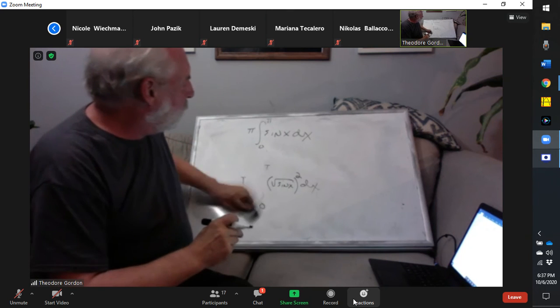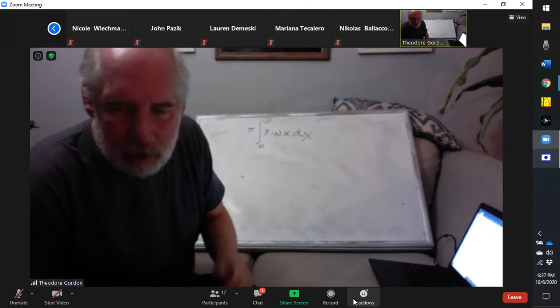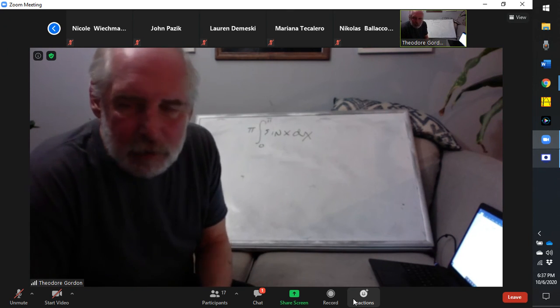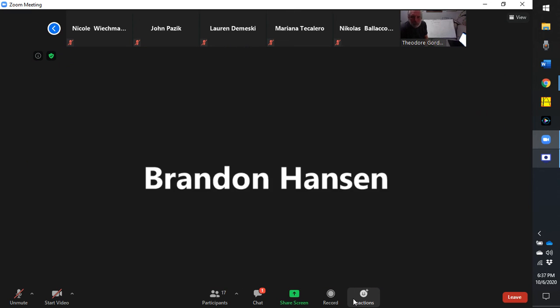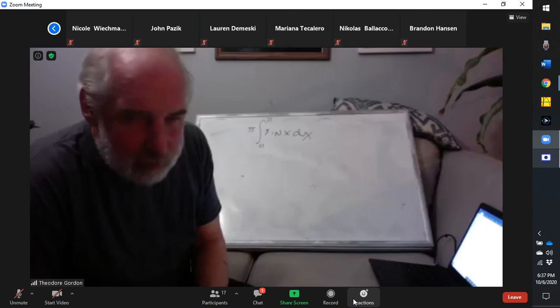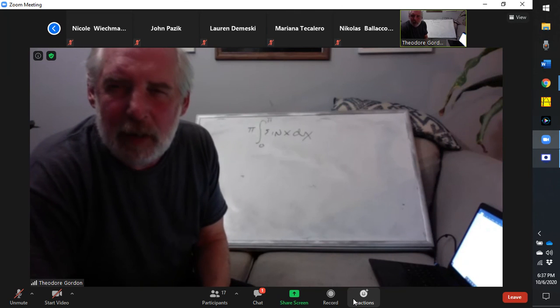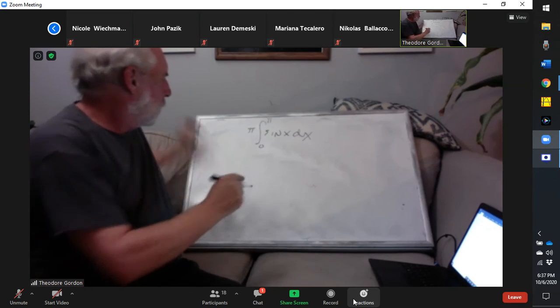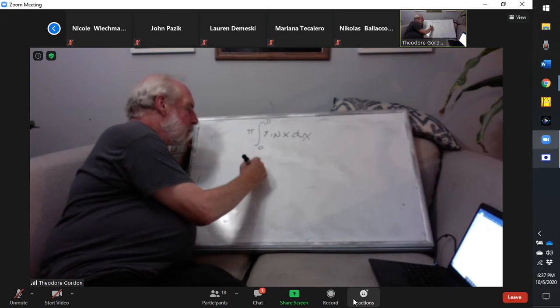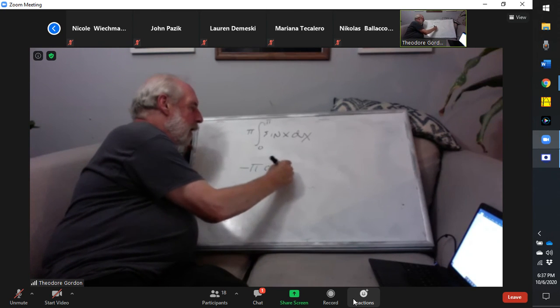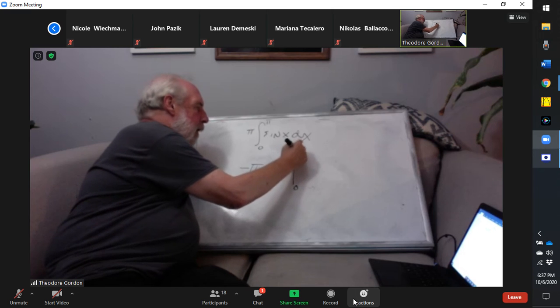And the integral of sine is cosine, but is it positive or negative? It'd be negative. That's right. The integral of positive sine is negative cosine. So we end up with negative pi cosine of x from 0 to pi.